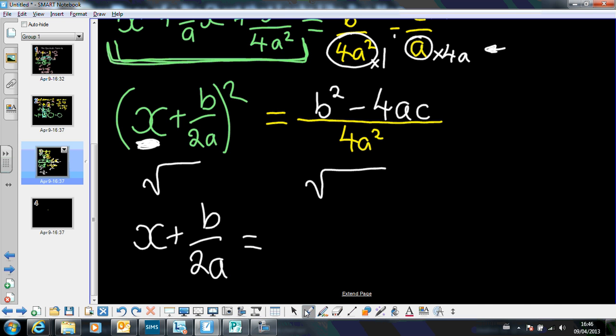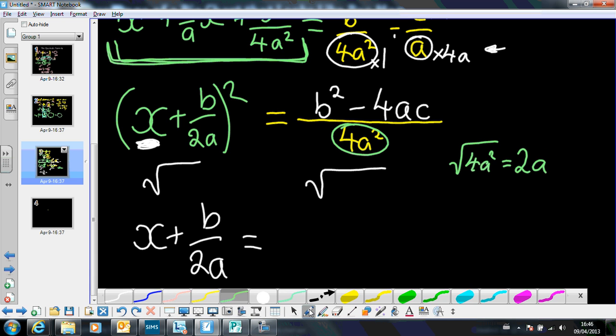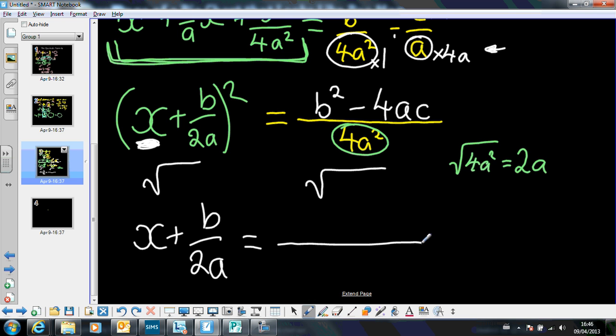You square root the right. Well, the nice thing here is that the 4a squared, if you square root it, the square root of 4 is 2, and the square root of a squared is a. So I can do the square root of the denominator, it's going to be 2a.